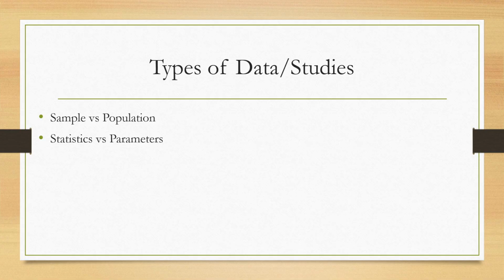We can do that same calculation for a population, and if we do it for a population, that calculation is considered to be a parameter. So statistics are calculations made based on a sample, and parameters are simply calculations made based on a population. So S, statistics, go with samples. P, parameters, go with populations.